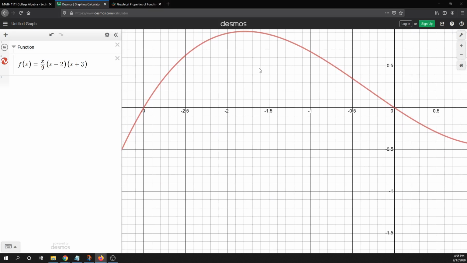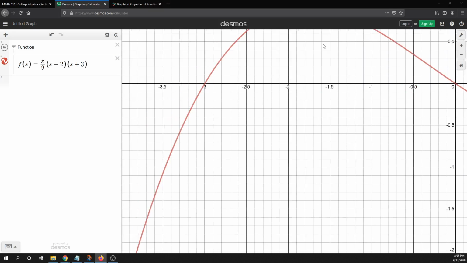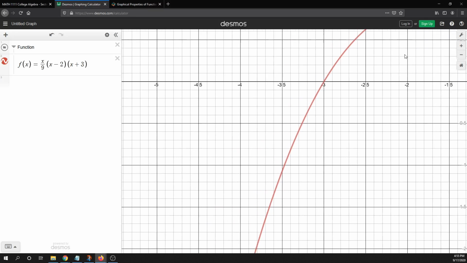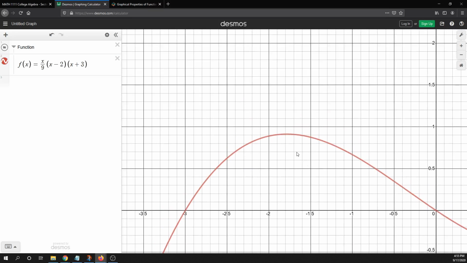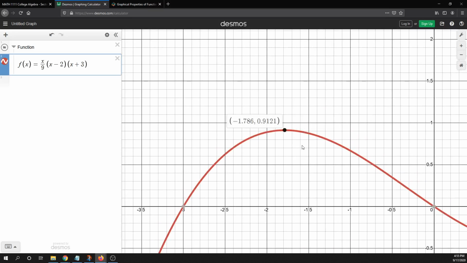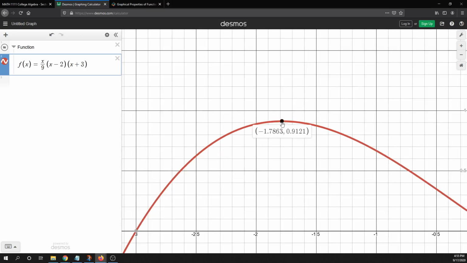If I put it on the edge, I can make any point the highest point on the graph that we can see, but that's not allowed. Just think about that point as having to be in the middle of the screen. So if I can zoom in enough to where that's the highest point that I see, that means that point will be a local maximum. Again, you have to keep it in the middle.